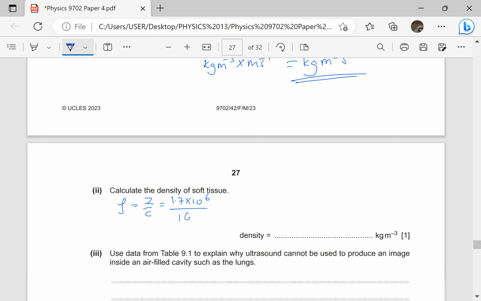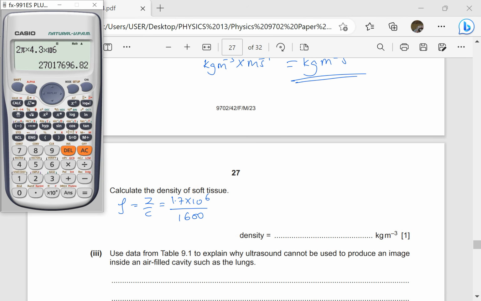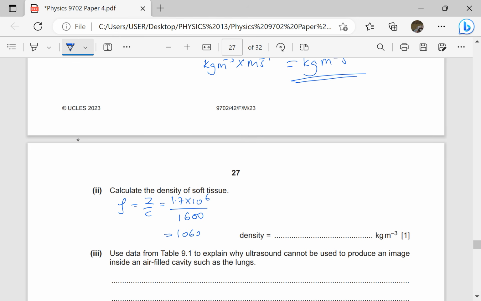So 1.7 exponent 6 divided by 1600 gives us 1062.5, or I can write 1100.